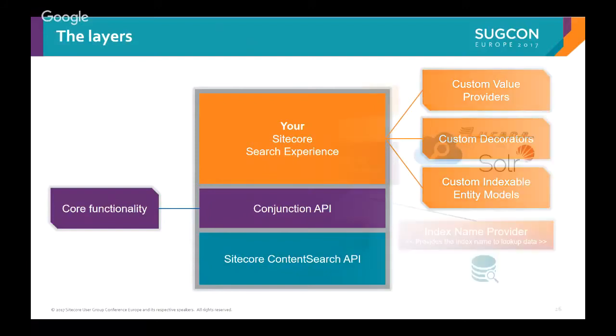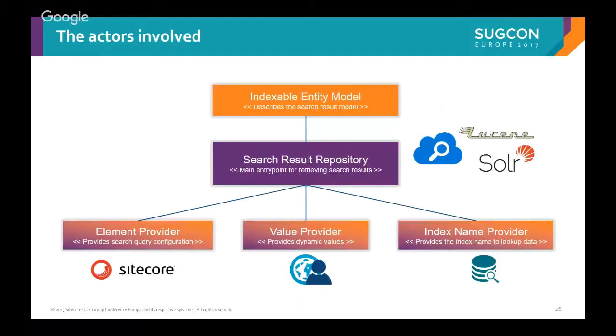If we zoom down a bit into the actors involved, just to give you some picture on what's going on at the lower level. Starting from the bottom, we work with the concept of three different providers. So you have something called an element provider, and basically an element provider is just something that is able to suck in some data and transform it into an internal model of configuration that Conjunction can work with.